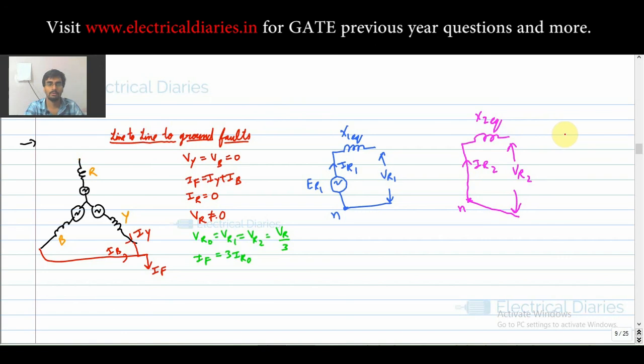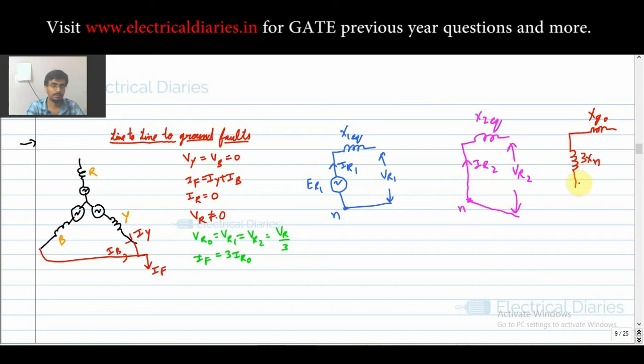Now you draw your zero sequence. Why do you have to draw the zero sequence? The zero sequence circuit comes into play whenever there is a ground fault, that is, a fault containing the ground. Here, as I told you in the LG fault also, this will be your Xg0, and if your grounding is with reactance, then it is 3Xn.